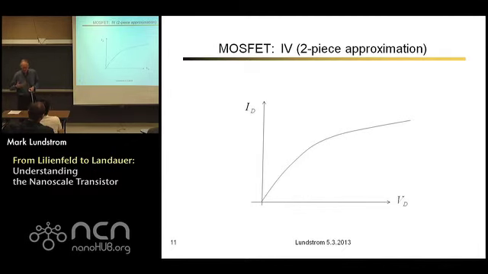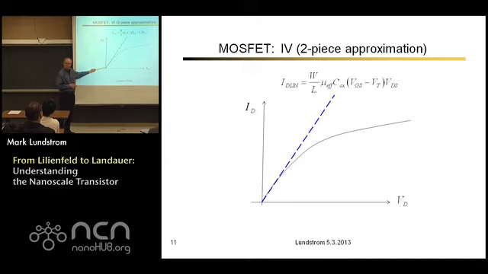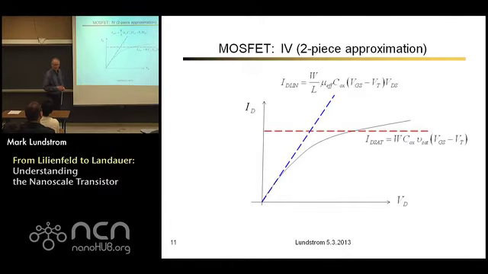When you're developing the IV characteristics of the MOSFET, the complicated thing is to get a full curve that goes from small drain voltage to large drain voltage. But as we've seen, it's easy to do the small drain voltage, and it's easy to do the high drain voltage. If we could just connect the two smoothly, we'd have our IV characteristic. So we could do that with a two-piece approximation. We could say the first expression and the second expression intercept at some voltage.